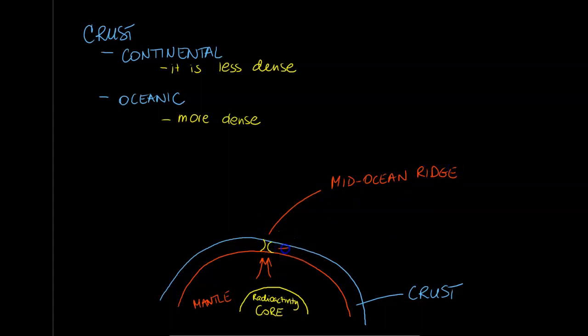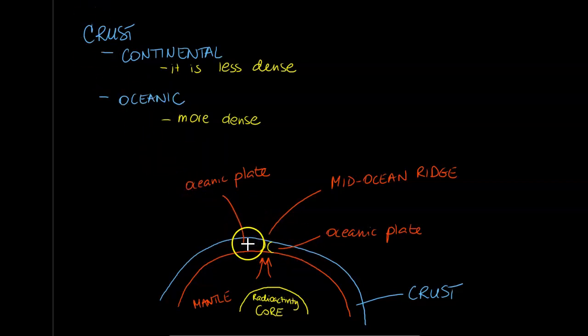So this would be your oceanic plate, and then in here you would also have an oceanic plate. Now as this new material is coming up, those two oceanic plates spread apart.